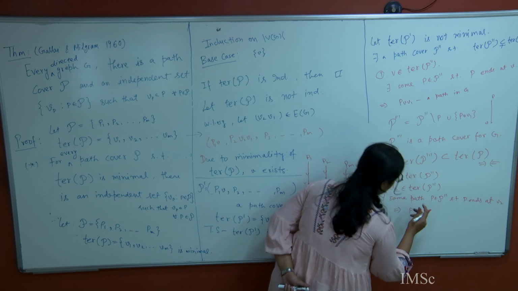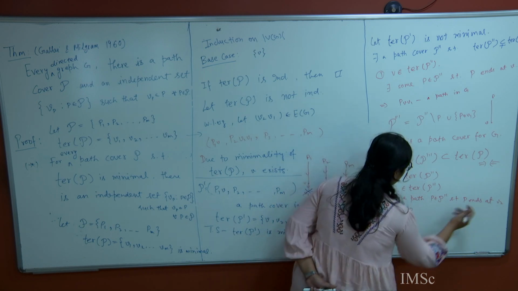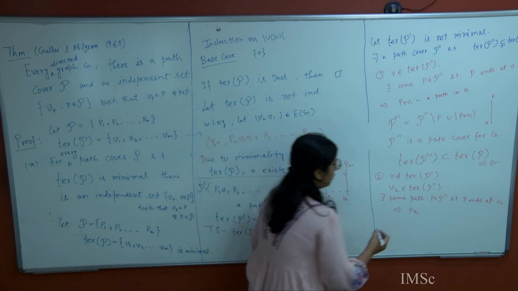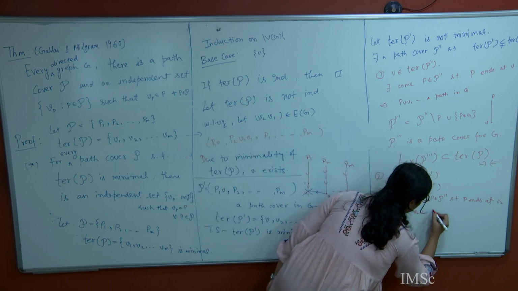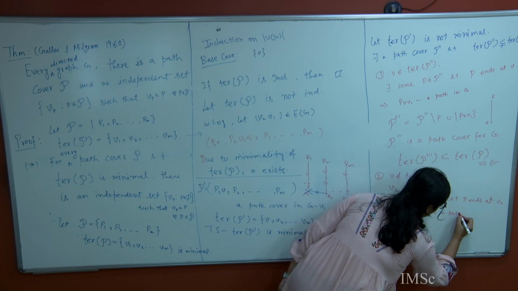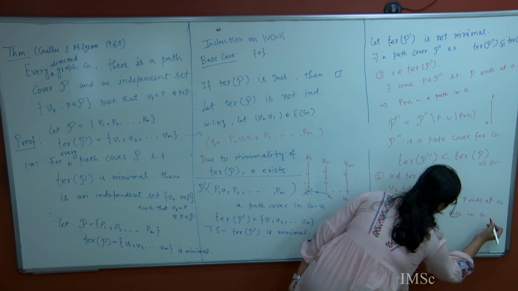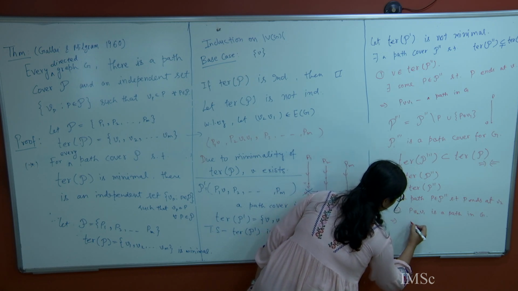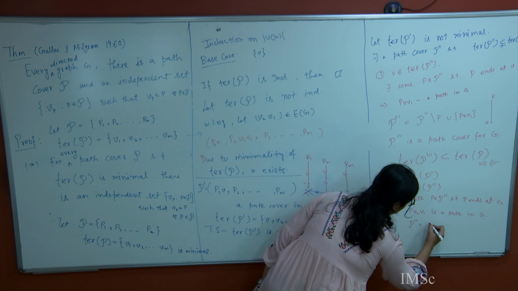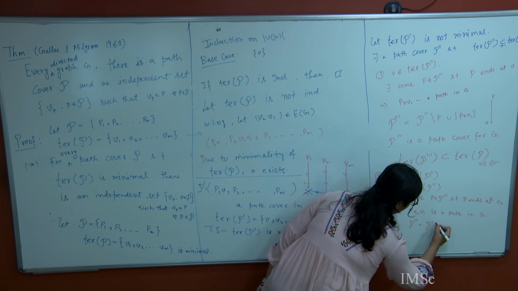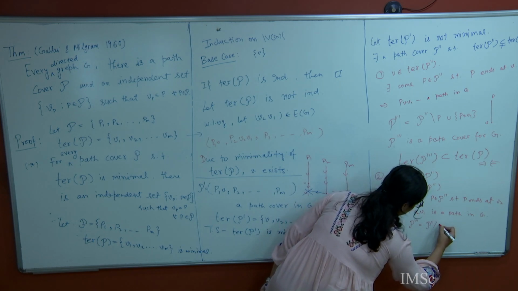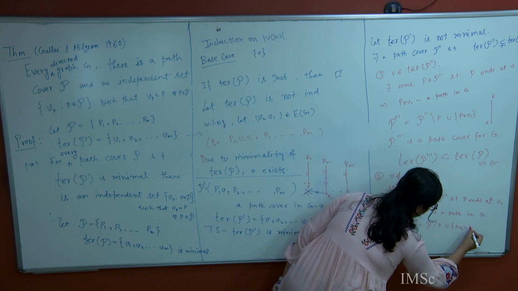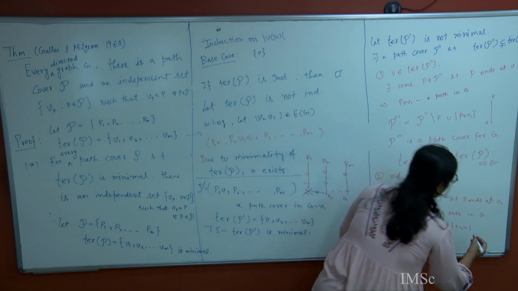This P was ending at V2, but V2 V1 is an edge in G. So P V2 V1 is a path in G, and so what path cover will we have? P triple prime is P double prime minus P, union P V2 V1. So this is a new path cover.